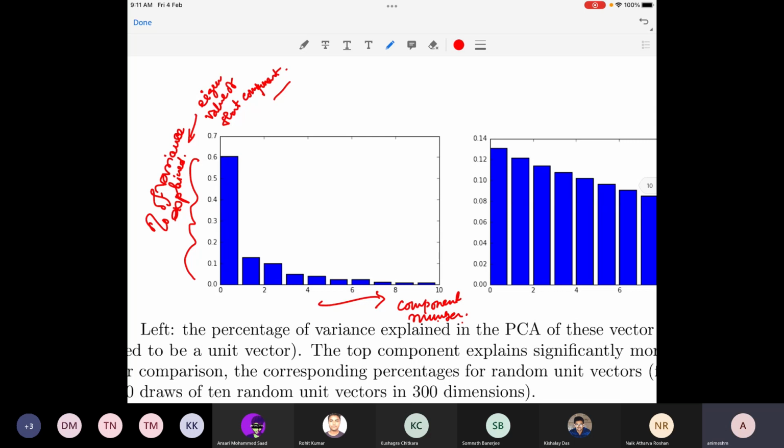These are the different principal components.